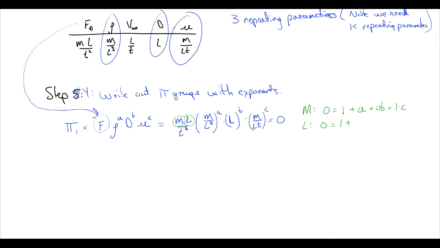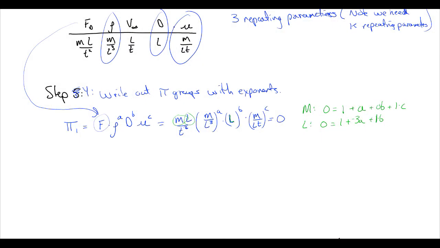So we're going to put a negative 3A here. Plus 1B, to the 1B. So we have just an L here on top. And then we have an L on the bottom, so that's negative 1 to the C, so it's negative 1C. L to the negative 1C. Plus negative C.